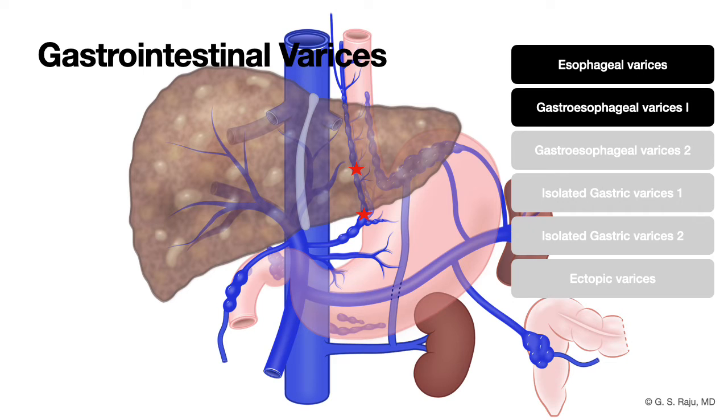When you find esophageal varices and you note the extent of the varices, and you find varices along the lesser curve of the stomach, then you label them as gastroesophageal varices 1. These are managed similar to esophageal varices, with either banding or sclerotherapy.